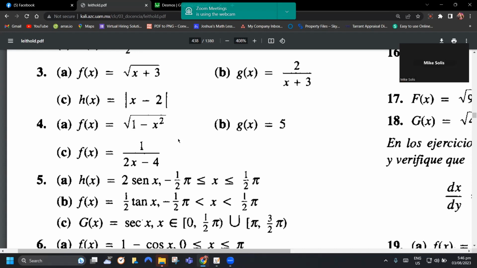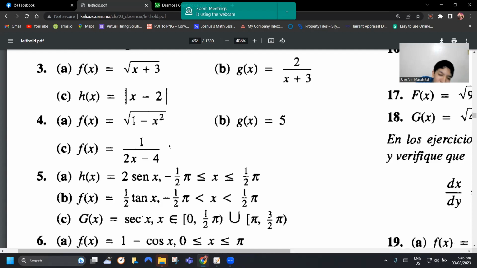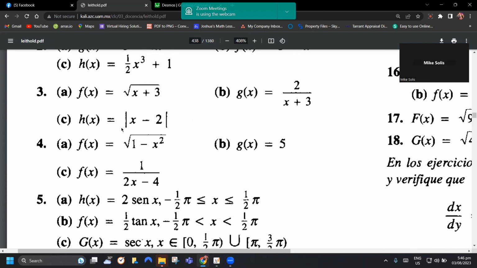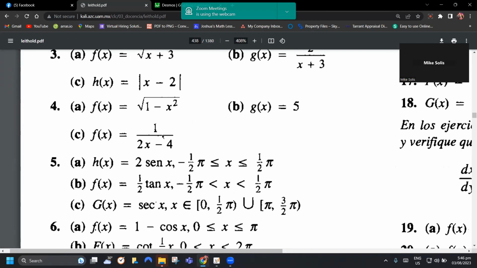So, is h of x 1 to 1? Hindi. Yung h of x equals absolute value of x minus 2, 1 to 1 or not?